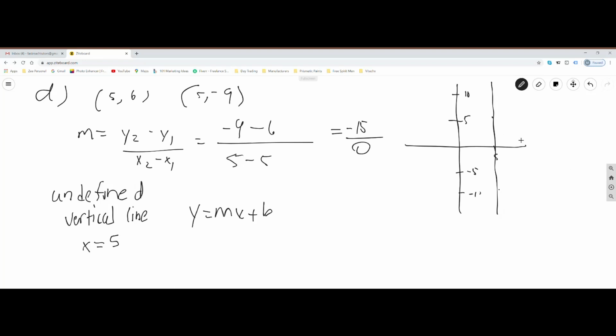If there was a vertical line here, it would be x equals 6. Or if it was at -2, x equals -2. So that is that.